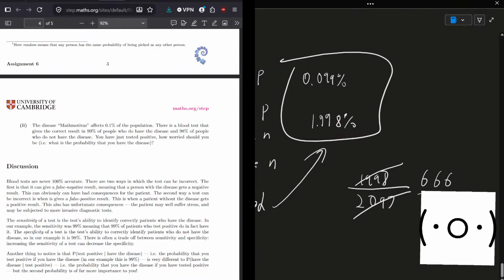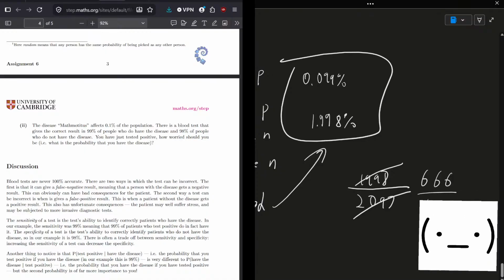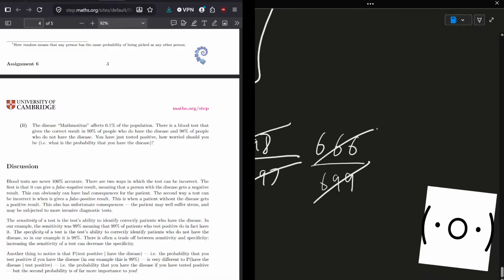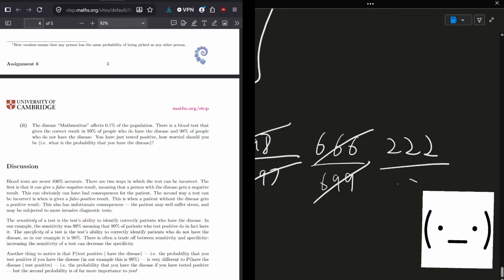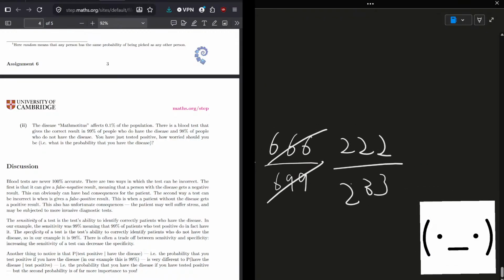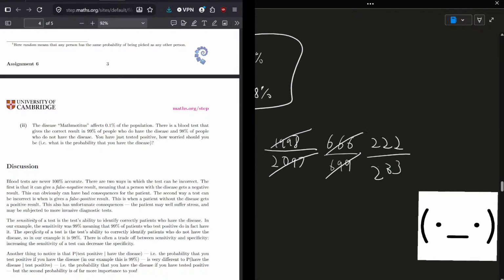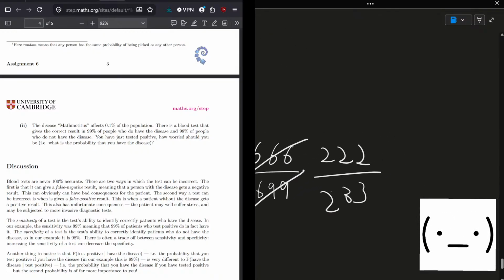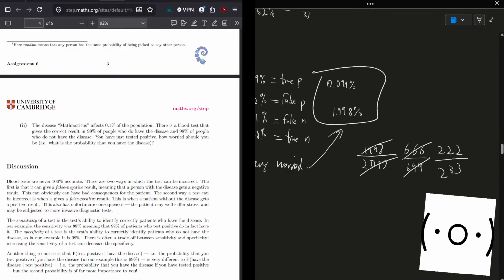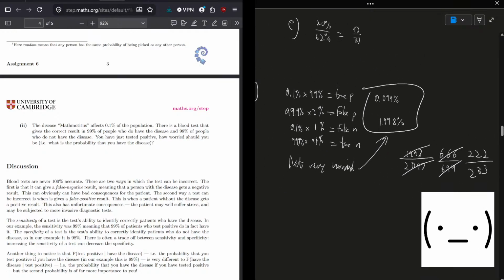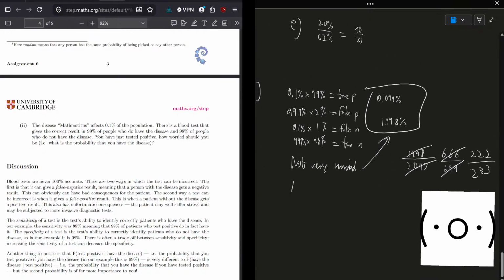And then this becomes... Yeah, so this. Then this again, obviously divides. And that is probably it. Yeah, that's it. So that's the probability.